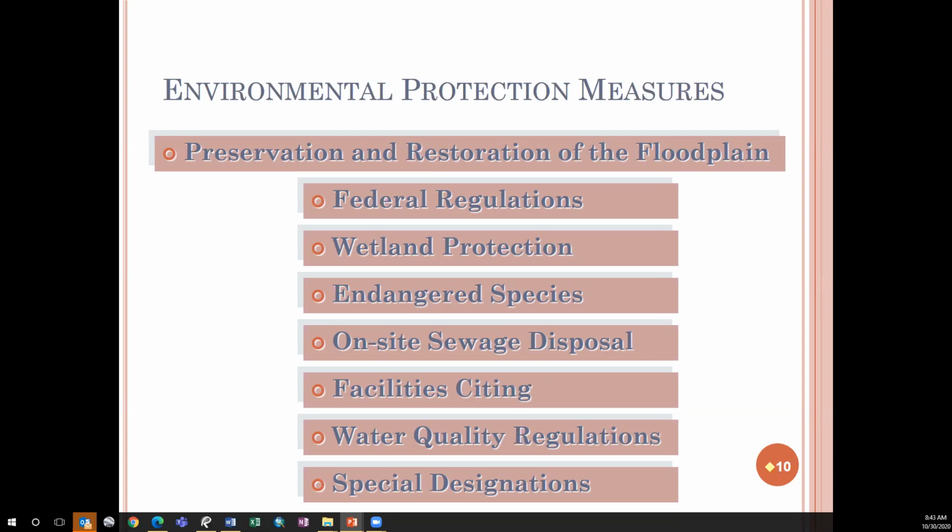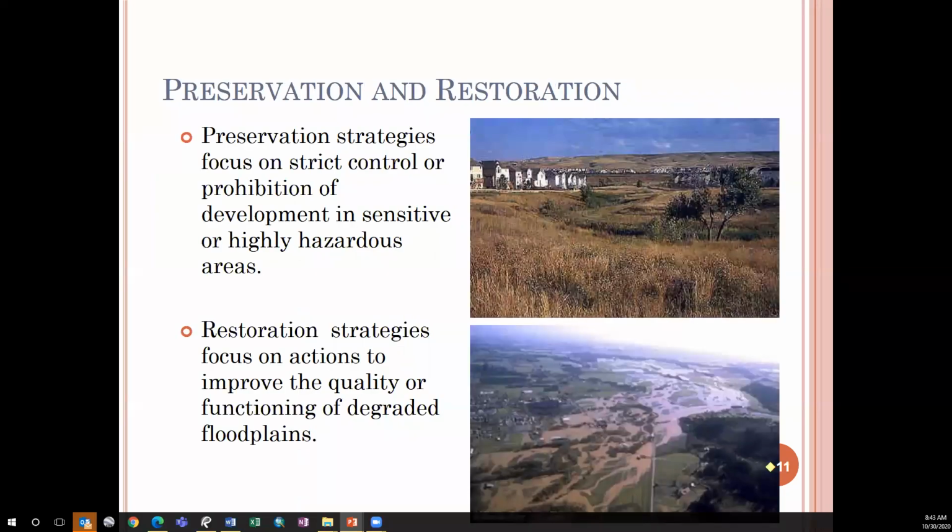Or we don't do these anymore, but if a larger facility wanted to site facultative lagoons in the floodplain, is that a good idea? Well, probably not. We'll touch on some of these others.